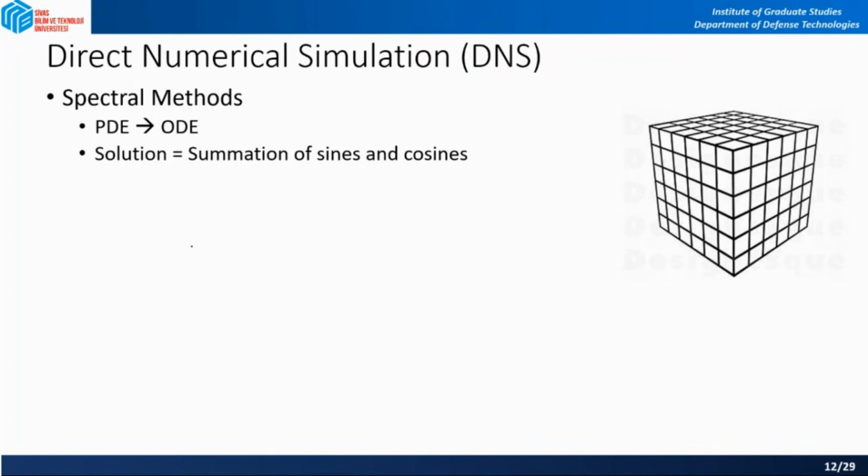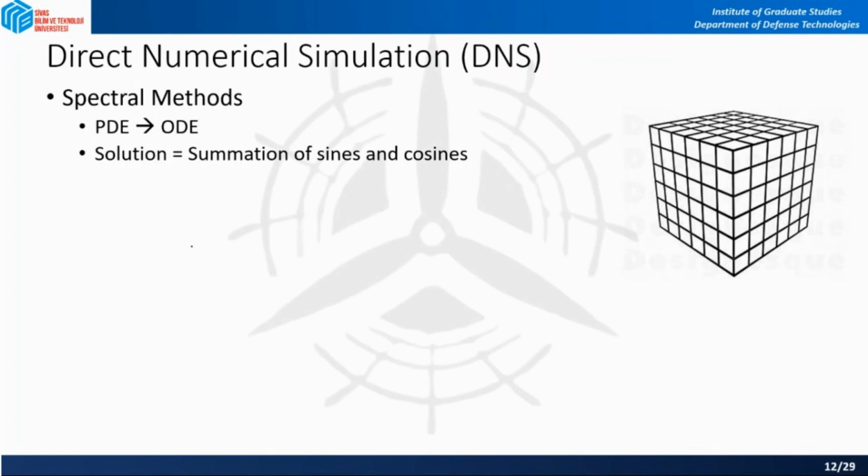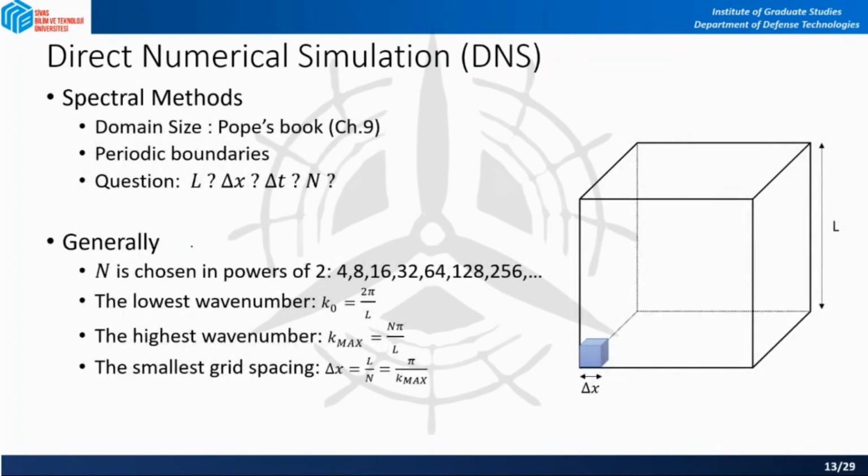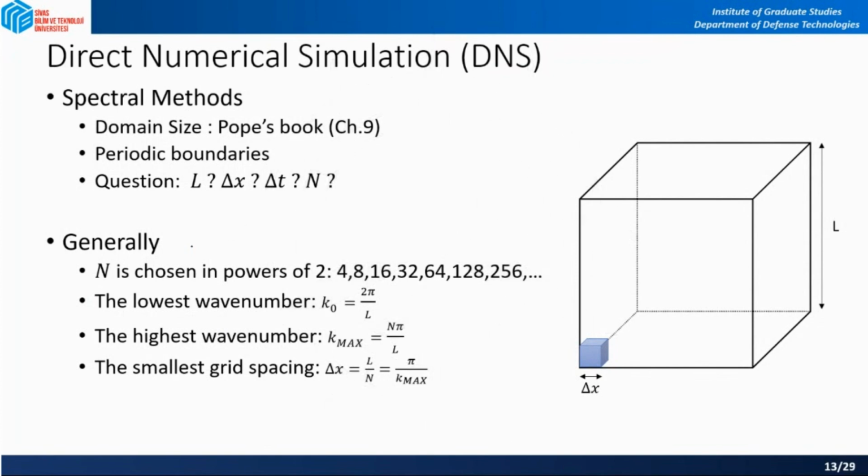The paper I gave is a DNS of 4096 cube, and this is the number of grid points in the physical space. So this Kaneda Ishihara paper. Actually, I guess you read the paper, and a few points regarding how we select the maximum and minimum size of the domain are left.